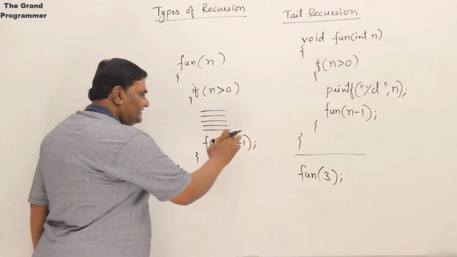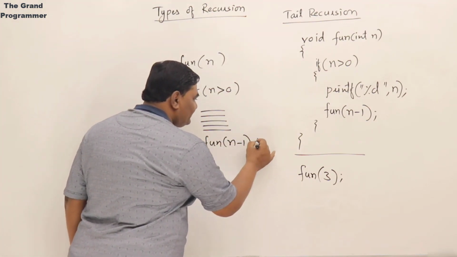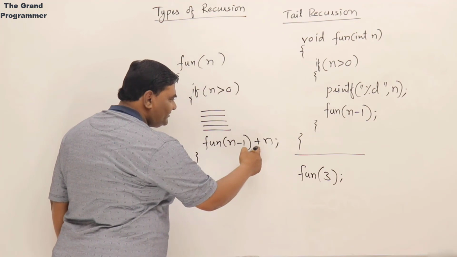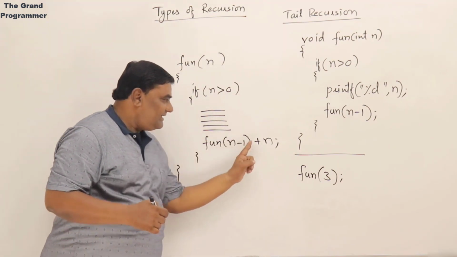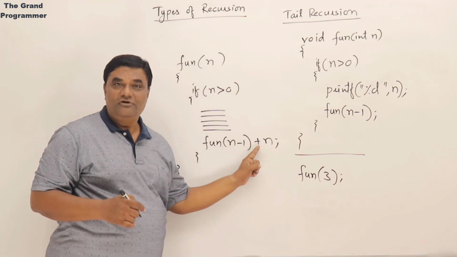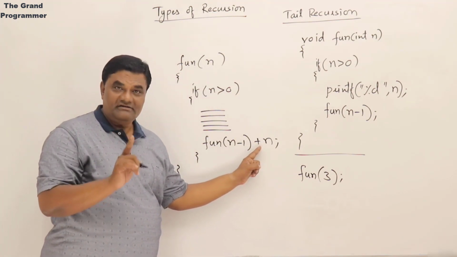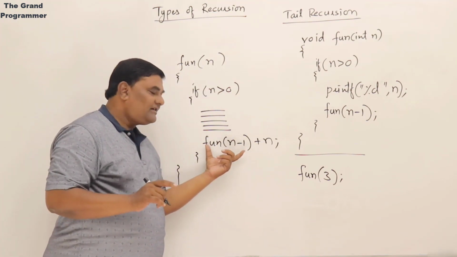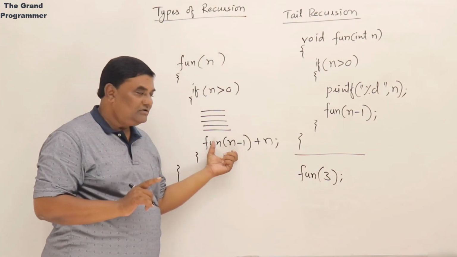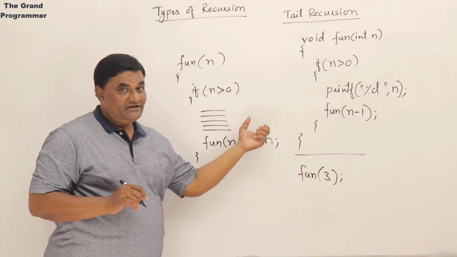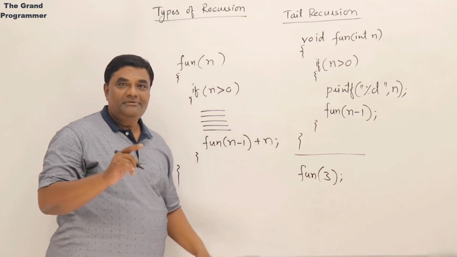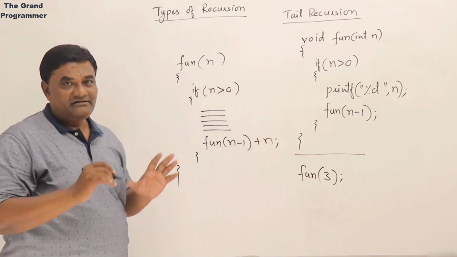Now suppose there is something written here, plus n, meaning along with the function call some operation is done. Then this operation will be performed at return time, because unless the result of this function is known, addition cannot be done. The value of the function is added with n, so this addition can be performed only at returning time.